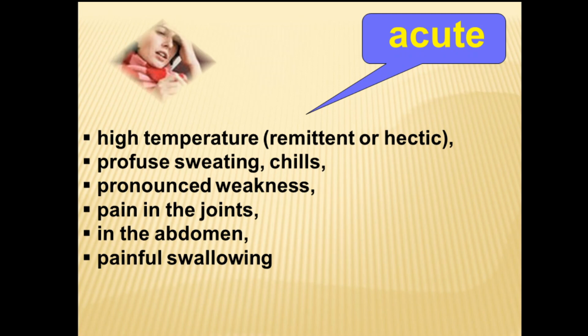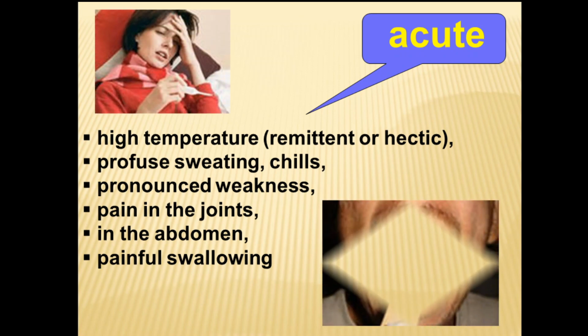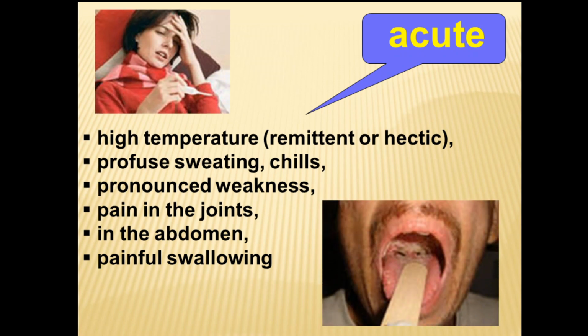Acute development is characterized with high fever, of remittent or hectic type, when the fever suddenly increases and significantly drops. It's accompanied with profuse sweating and chills. Pronounced weakness.